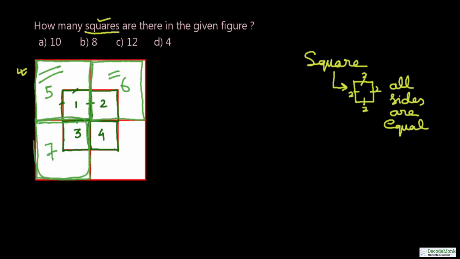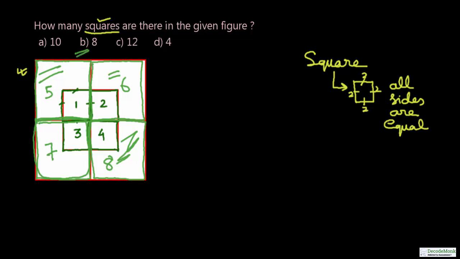This whole figure I am talking about, this whole square, and 1, 2, 3, 4. This portion is the 8th square. So you can see that there are small 4 squares and there are little bit bigger squares, another 4. So there are 8 squares you can count and you are tempted to answer B.